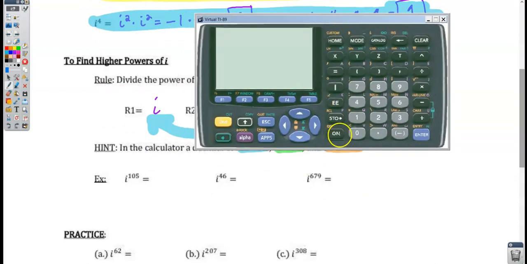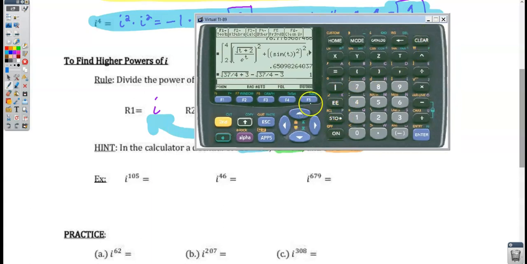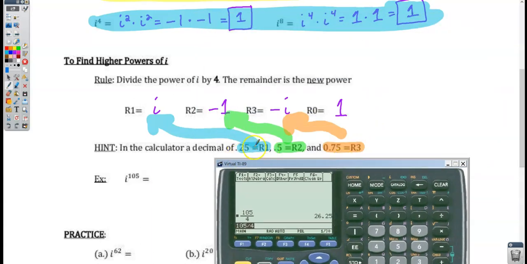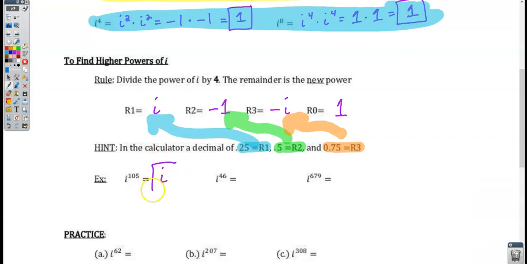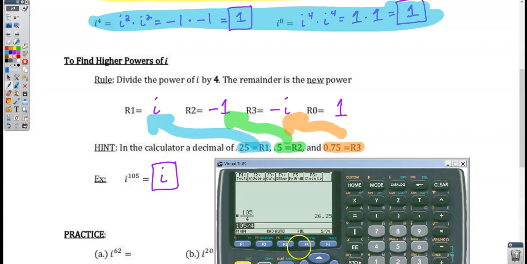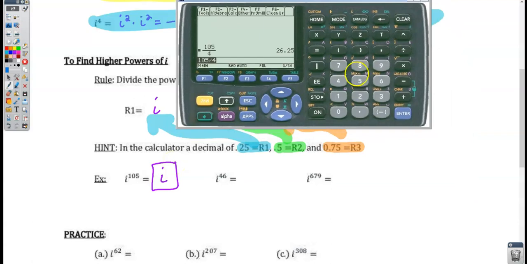We're going to go ahead and do i to the 105th. So all I'm going to do is take 105 and divide it by 4. I get 26.25. 0.25 means a remainder of 1, which means that i to the 105th power is just going to be equal to i. Let's do the next one. i to the 46th. So I take 46, divide by 4. I get a decimal of 0.5.